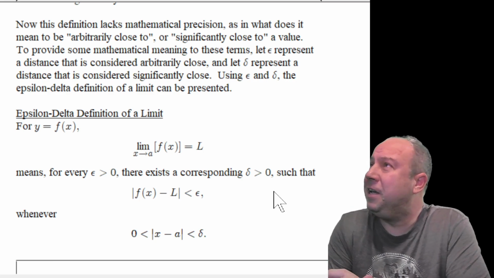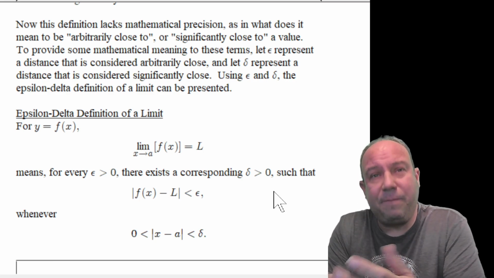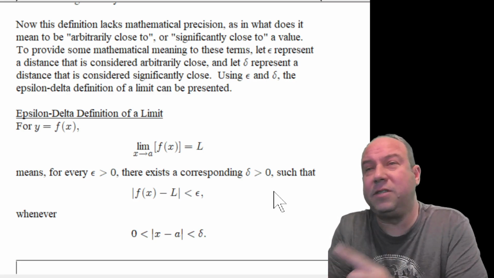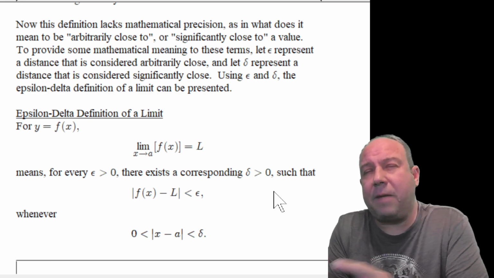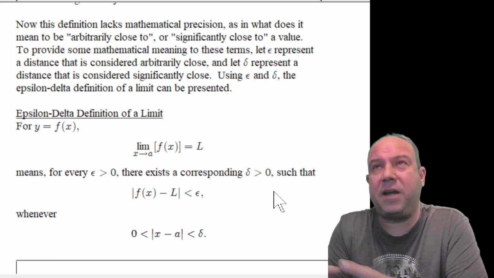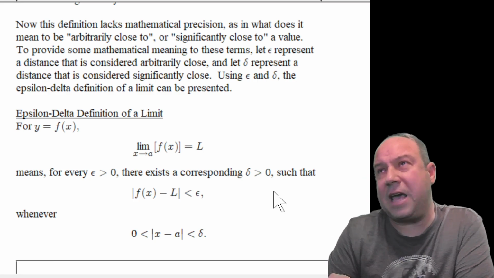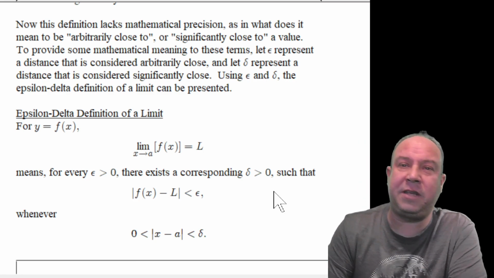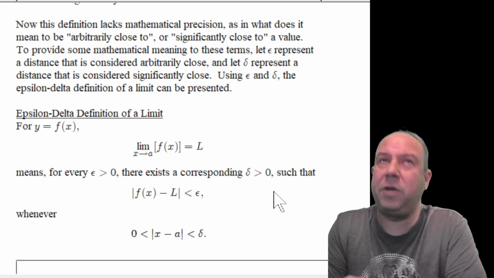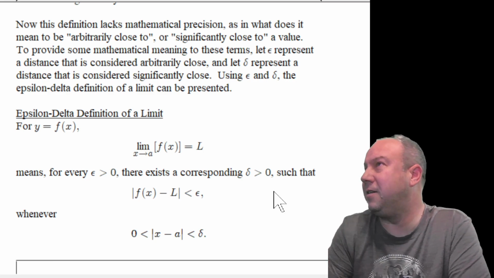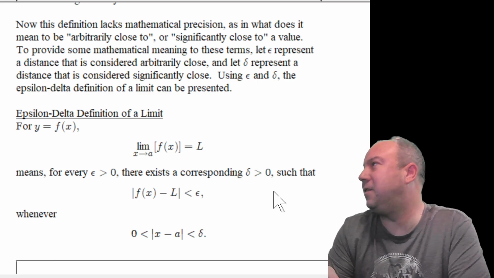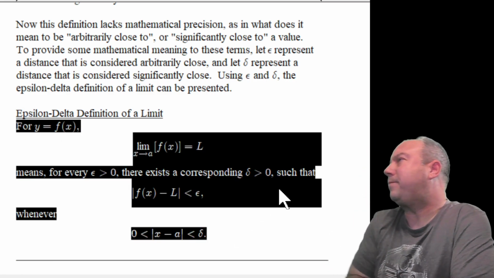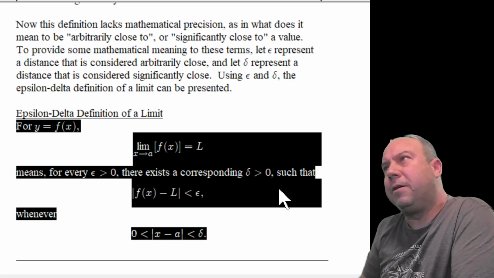It is a way of saying that for y equals f of x, the limit as x approaches a of f of x equals L means for every epsilon greater than 0, there exists a corresponding value of delta greater than 0 such that the absolute difference between f of x and L is less than epsilon whenever the absolute difference between x and a is less than delta. It's called the epsilon delta definition of a limit. And I just read it pretty much verbatim to what you see here.